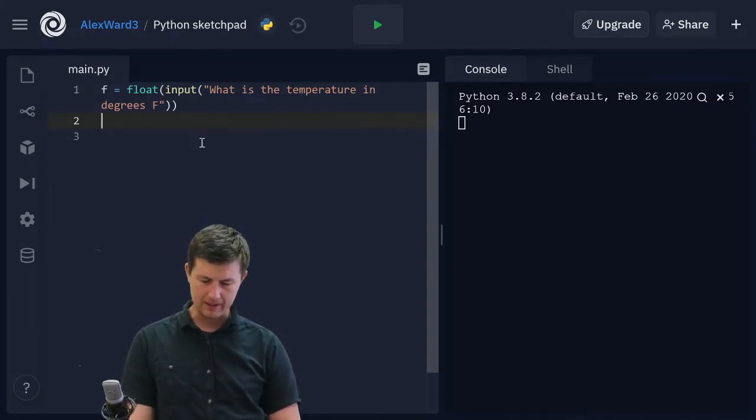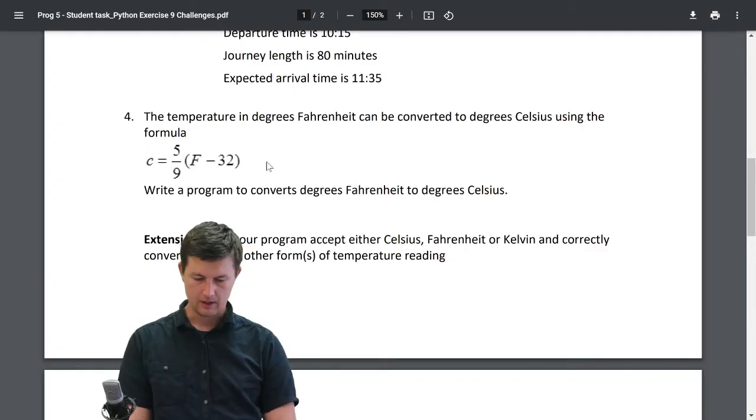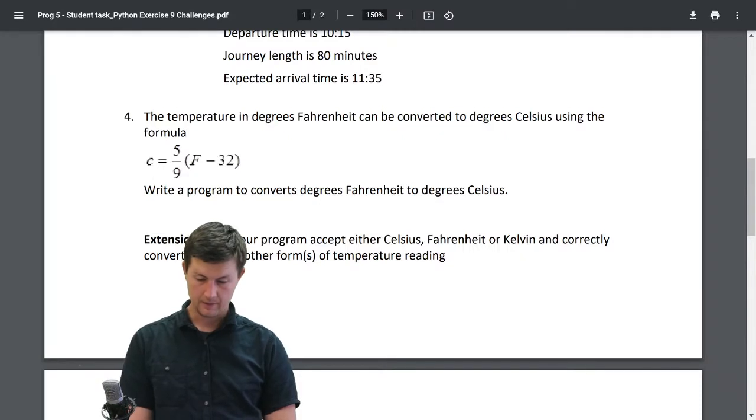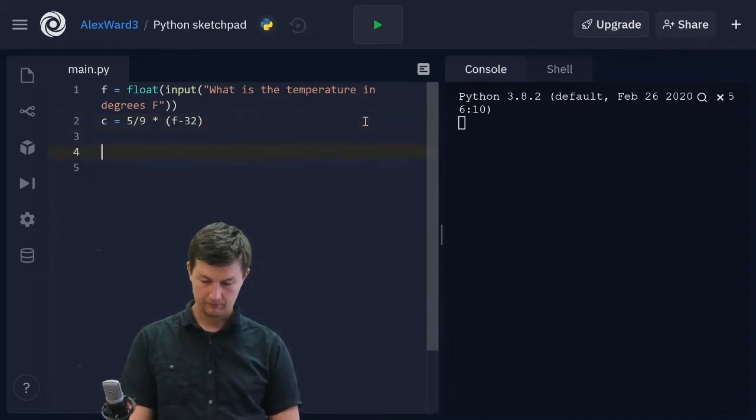Okay, so let's implement that formula. C is equal to, remind me, 5 divided by 9, 5 over 9 times F minus 32. Print, F string that.